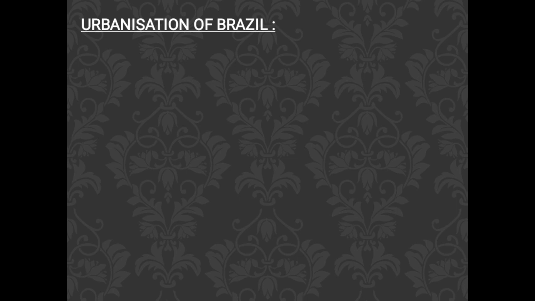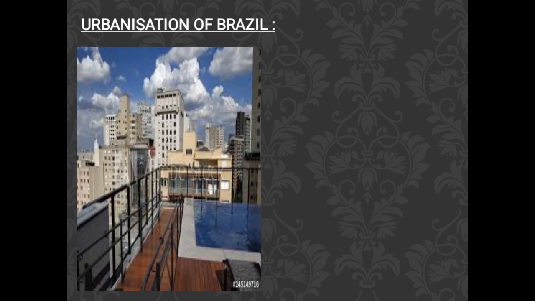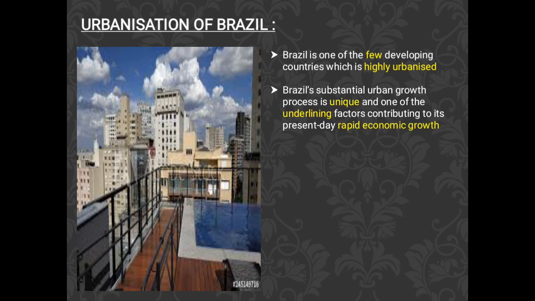Now let's learn the urbanization of Brazil. Brazil is one of the few developing countries which is highly urbanized. Brazil's substantial urban growth process is unique and one of the underlying factors contributing to its present-day rapid economic growth.